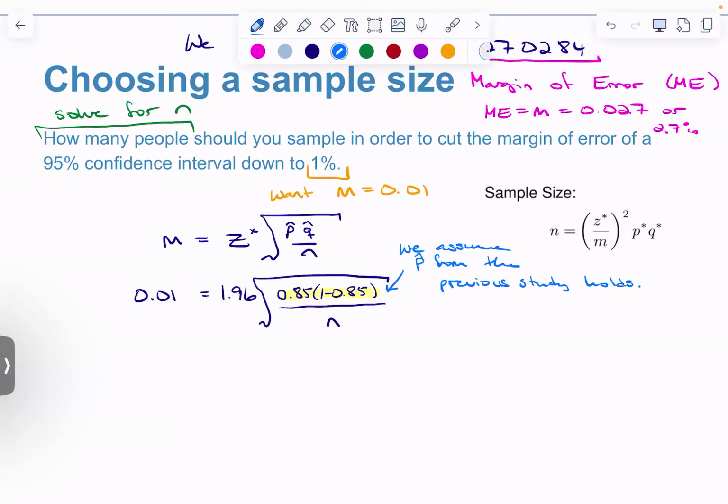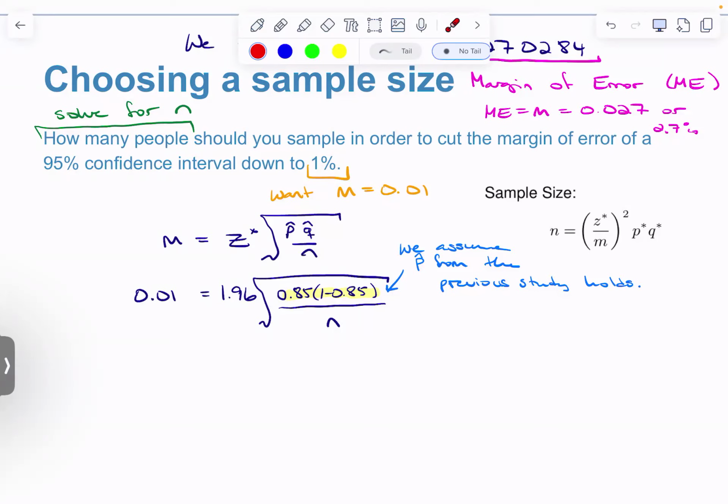Sometimes or often you don't have a previous study that you could look at, right? You're going into this thing blind and you have to collect a sample size and you're trying to figure out, well, if I want to be able to report a margin of error of 0.01 in my journal, maybe some journals only accept if your margin of error is less than 2% or something like that.